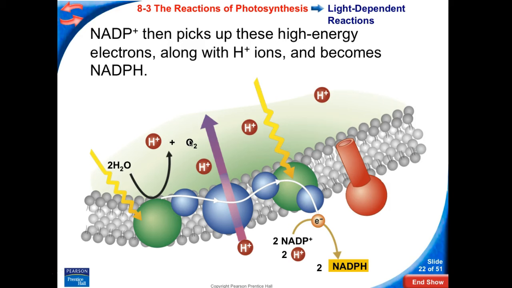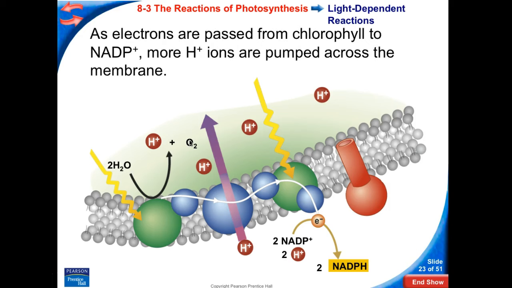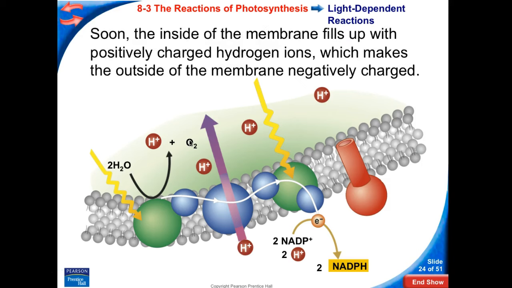Where does ATP come into play? Here it is. As the electrons are passed from chlorophyll to NADP+, more hydrogen ions are pumped across the thylakoid membrane. Soon, the inside of the membrane fills up with positively charged hydrogen ions, which makes the outside of the membrane negatively charged.